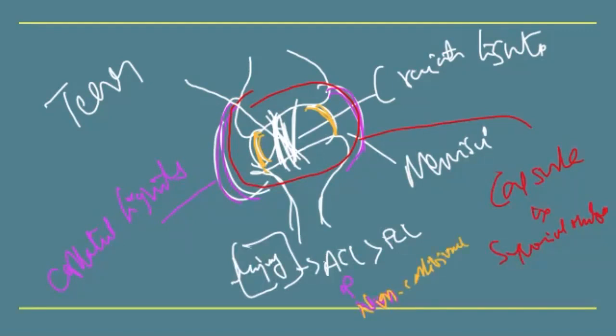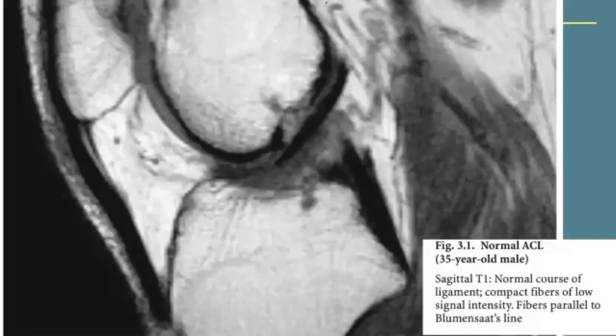Most of the time the tears occur in the anterior cruciate ligament without a collision, because whenever we are running fast and suddenly want to shift our direction, that is when the ACL tear mostly occurs. The sudden pivotal shift causes rupture of the anterior cruciate ligament without any collision.